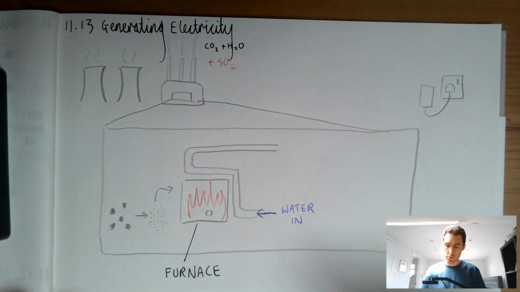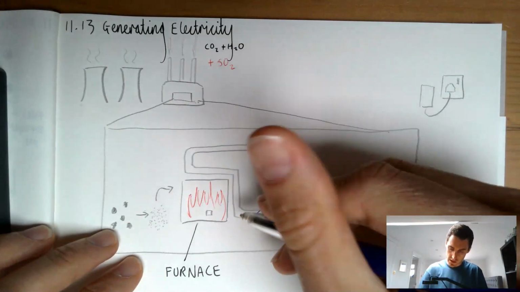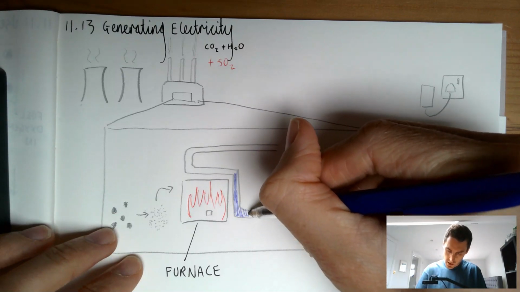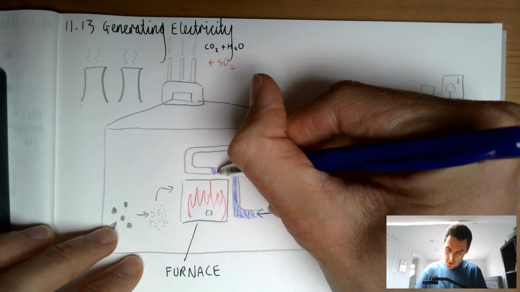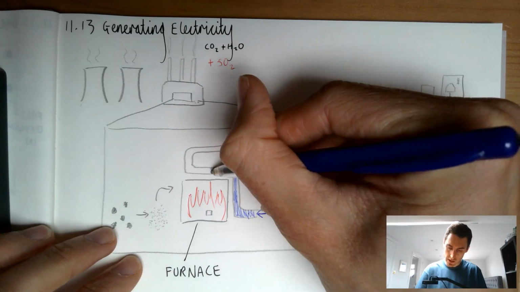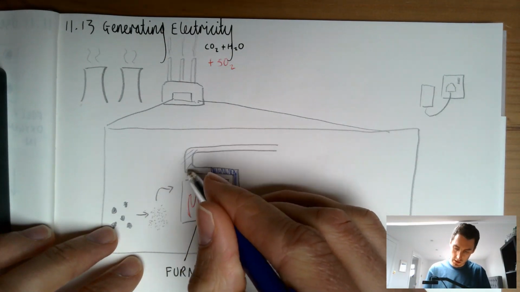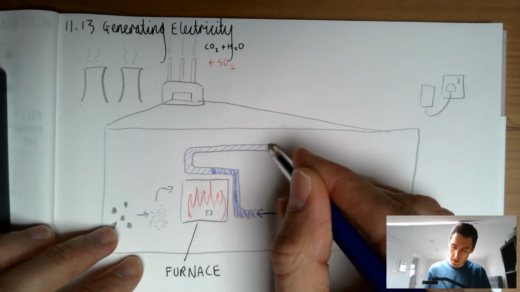So we pump the water in, and then somewhere up here, this becomes steam. So this is liquid water in here, pumped in at relatively high pressure, no doubt. But as it goes over the furnace, it gets heated up like water in a kettle, and it becomes steam. I'm not sure how I'm going to label this as steam. Maybe I'll just do something like that.